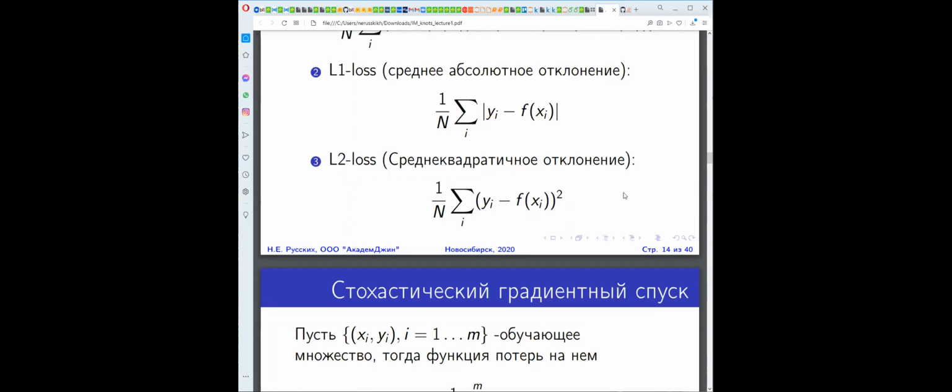И, конечно, как я, собственно, сказал, нас интересует именно генерализация. Маленькая функция потерь на тренировочном множестве — это круто, но мы хотели бы генерализоваться. Оказывается, что маленький размер батча, как правило, генерализуется лучше. Это может быть отдельный разговор, как находить все эти локальные оптимумы.